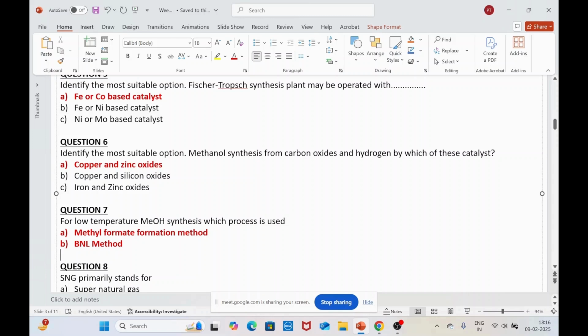That's the reason here. There was actually one more option below this, as both A and B. I just neglected that option C, so I kept only options A and B. So for low temperature methanol synthesis, both processes are used: the methyl formate formation method and the BNL method. What is the full form of the BNL method?